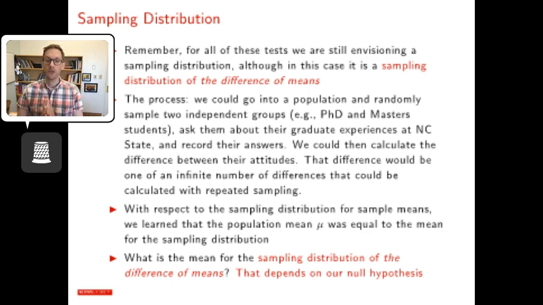And with respect to the sampling distribution versus sample mean, we learned that the population mean mu was equal to the mean for the sampling distribution. So what does it mean if we have a sampling distribution of the difference of means? Well, that's going to depend on our null hypothesis.